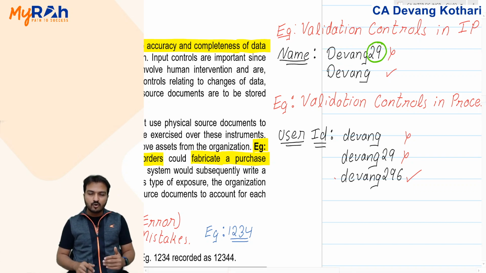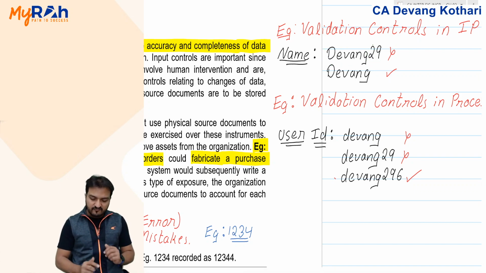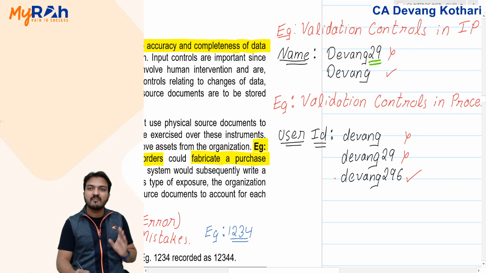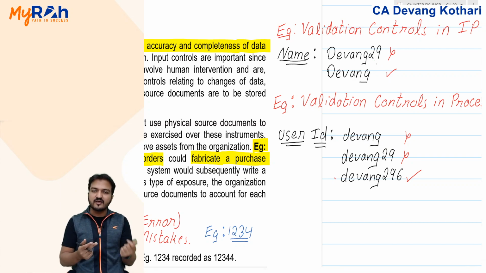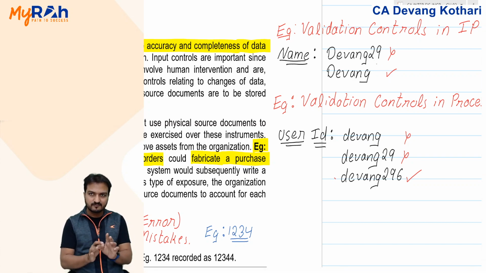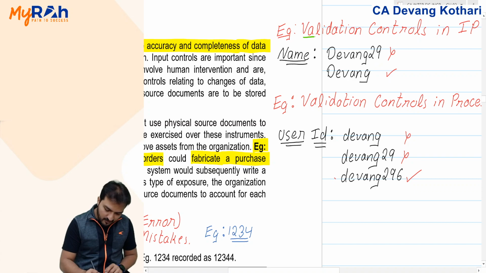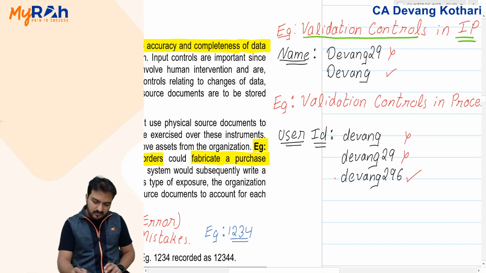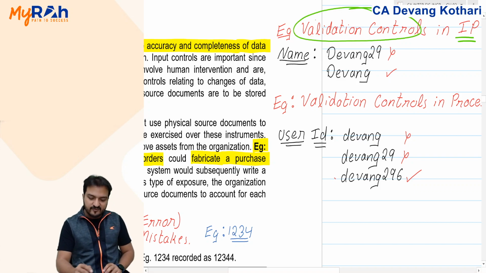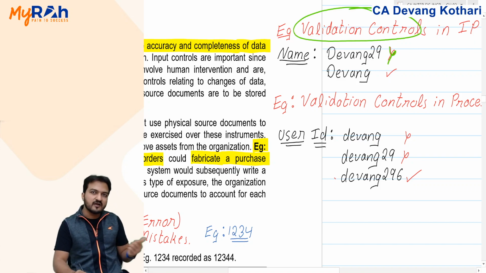In fact, while typing the name field, even if I type the number, that number might not even appear on the screen, meaning that number was rejected immediately as I type. Well, this comes under validation controls of input. So within input control, you'll have validation controls which will reject invalid data like this.